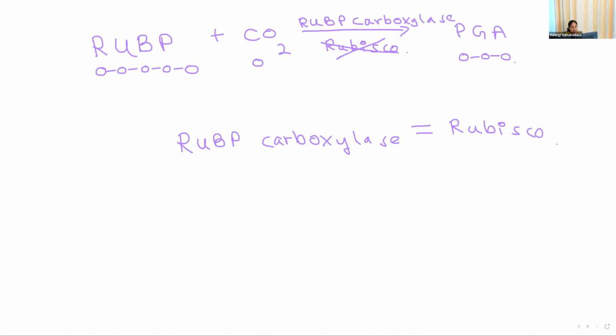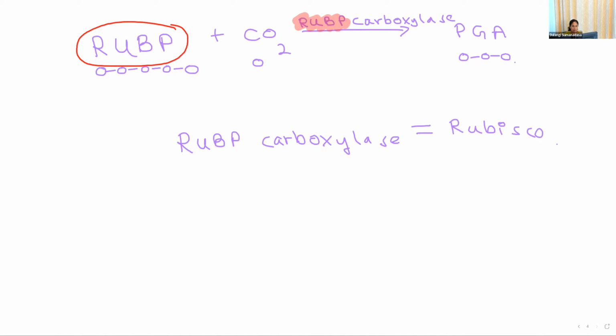Can you highlight the RUBP part? So for Rubisco or RUBP carboxylase, the initial substrate is the RUBP. The 5-carbon RUBP is going to trap a carbon dioxide to produce the final product, PGA.